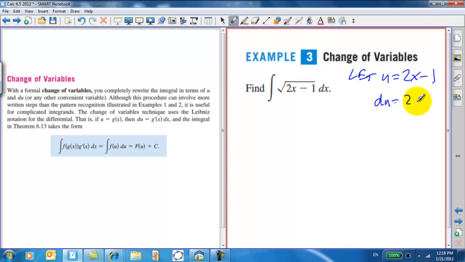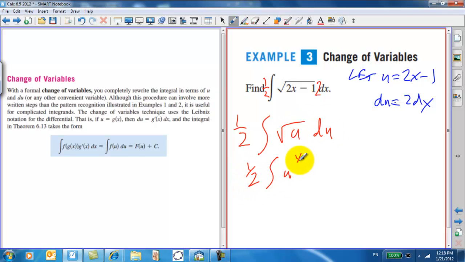So du is 2 dx. So all we need to sneak into here is a 2 in front of that dx. So I compensate with a 1/2 out here. So it becomes 1/2 antiderivative of square root of u du. And the square root of u is u to the 1/2 power. So now we can take the antiderivative. 1/2 u to the 3/2 divided by 3/2 plus your constant of integration.